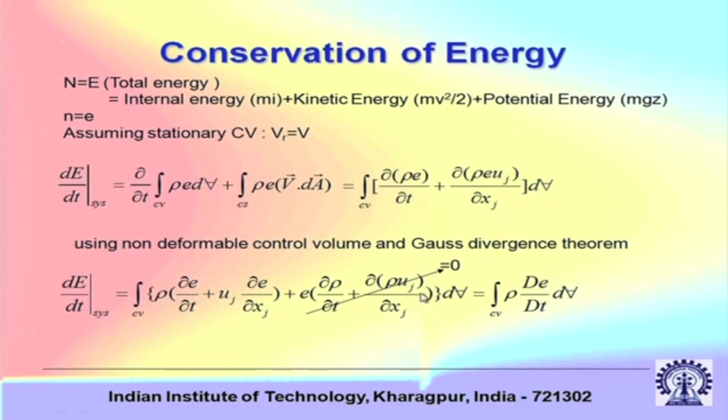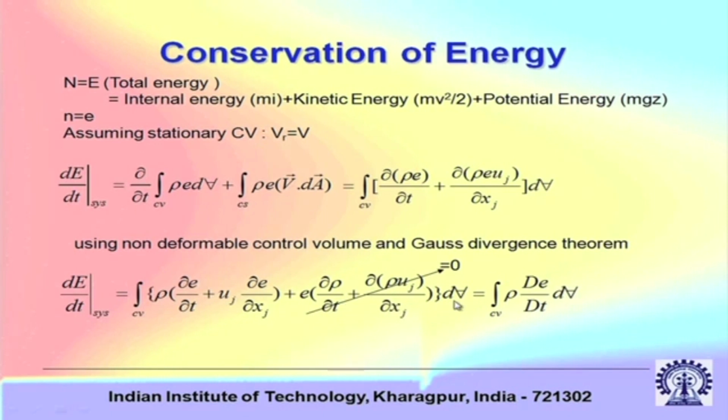Then you can see that two terms combine together and become 0, because that is nothing but the continuity equation. So, you will get rho into del E del t plus uj del E del xj. What is this? This is the total derivative of E.